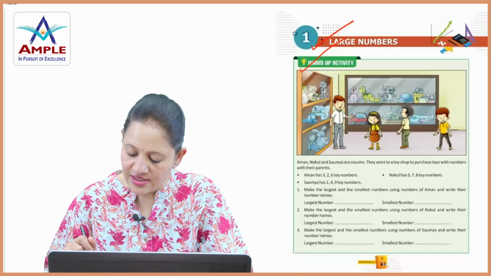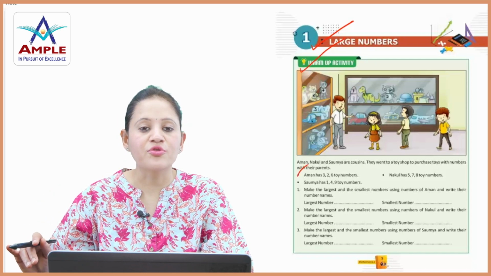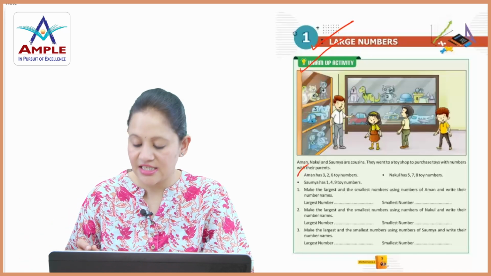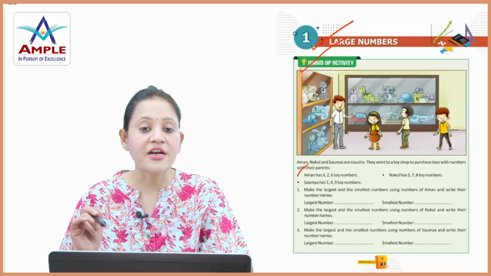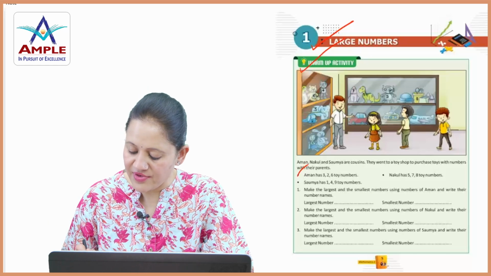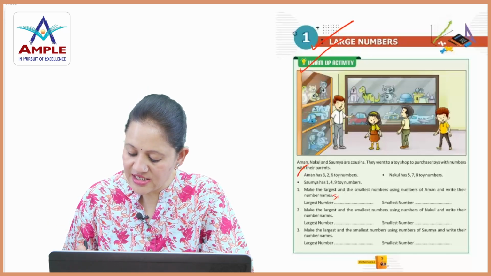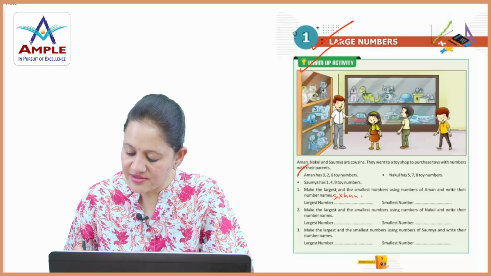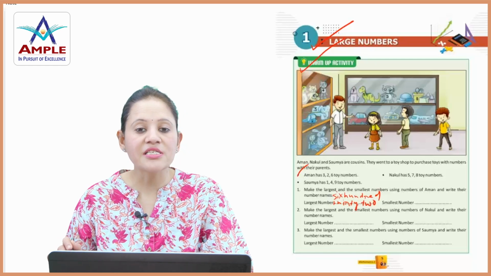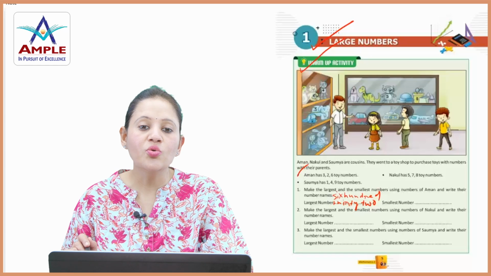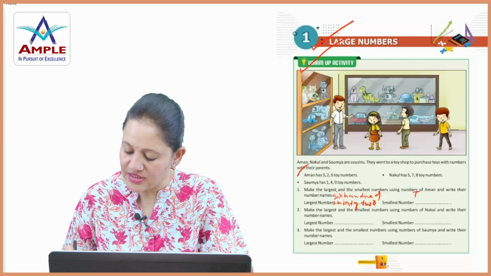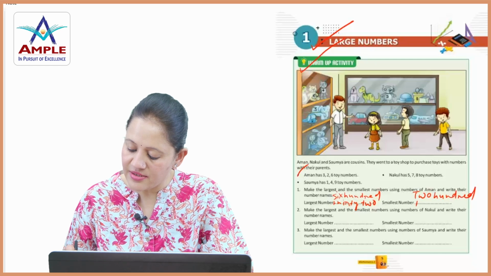So here it is Aman. We have to make the largest number, that is 632. So the largest number we will write is 632, six hundred thirty-two. The smallest number will be 236.